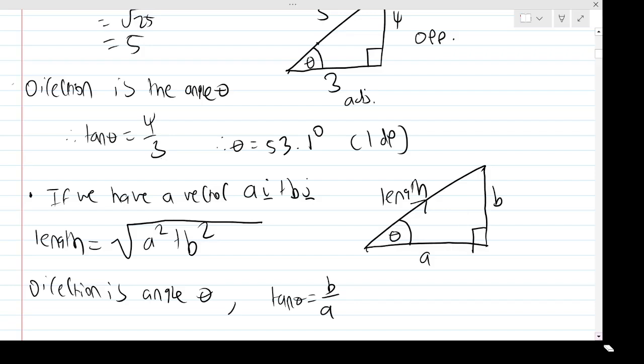That angle is from the x-axis, from the horizontal at the base. So these are the two components, the length and the direction. That's how we find the direction and the length of a vector. If we're given a vector, we can find its length and its direction.